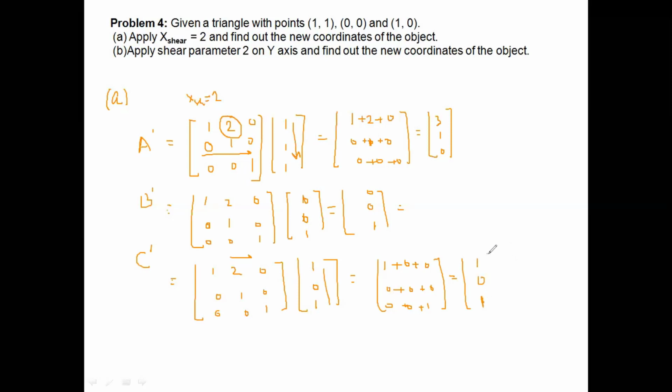Same point. Okay, so these are the values. So after calculation we have got this. Now let's see the figure after shearing, where it lies.